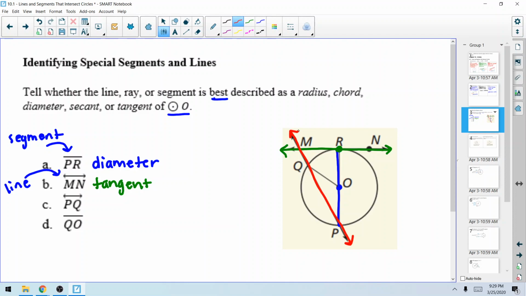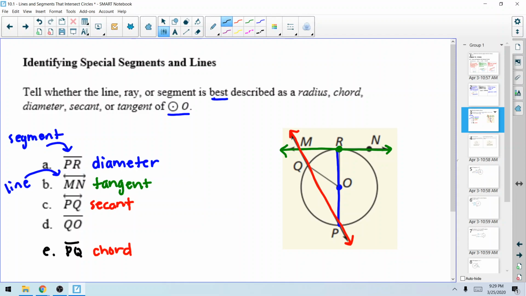Well, if it keeps going and it extends, it hits it at two places. That's a secant. Now, what if I were to add on here, letter E, and I put P, Q like that? Well, you're still kind of looking at the same thing, but there's a difference. In this case, you would call this a chord because now it stops. It has endpoints on the circles.